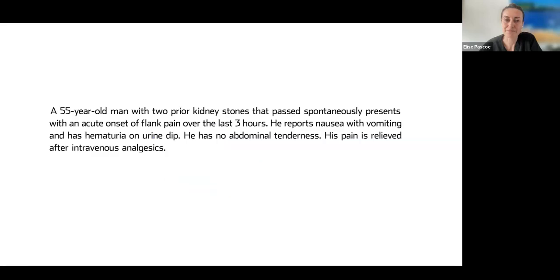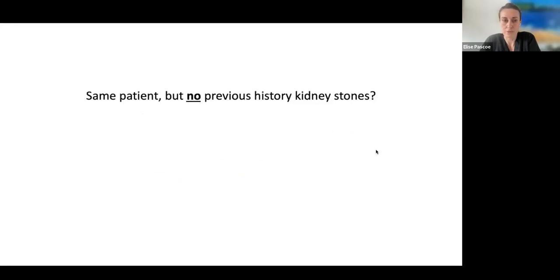change anything. All right, so now this guy is 55, but he has had 2 prior kidney stones. Pain's getting better, no abdominal tenderness. Image or not image? Interestingly, this panel said, again, either no imaging or POCUS, even though he's an older person, that at this stage, if it's classical for renal colic and he's had previous scans, they would do either a bedside ultrasound or no imaging at all.